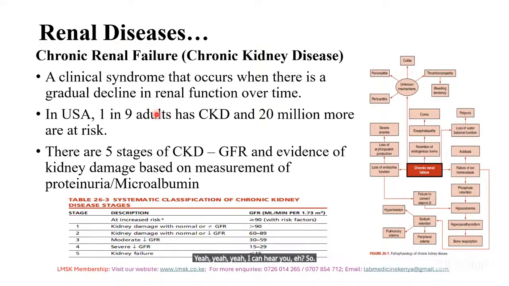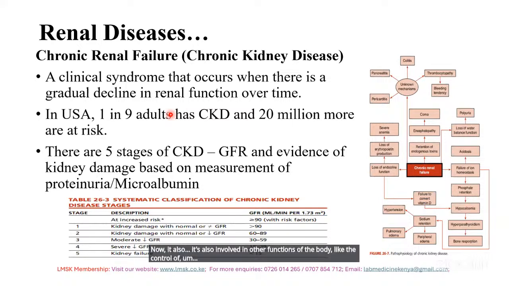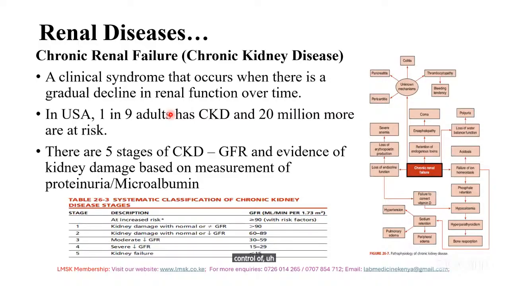So potassium has a very narrow level of control. It's supposed to be between 3.5 to around 5.5. Now, it is also involved in other functions of the body, like the control of cardiac activity and nerve impulse transmission.